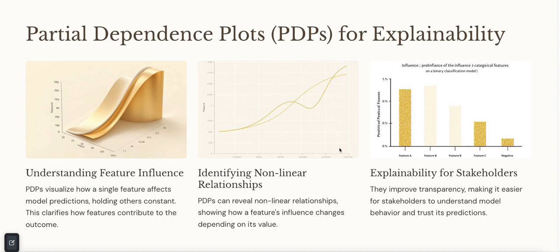PDPs visualize how a single feature affects the model predictions. They can reveal nonlinear relationships, showing how a feature's influence changes depending on its value. They improve transparency, making it easier for stakeholders to understand model behavior and trust its predictions.